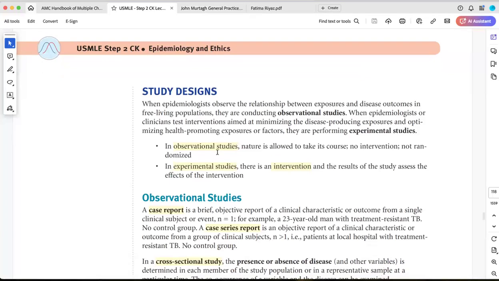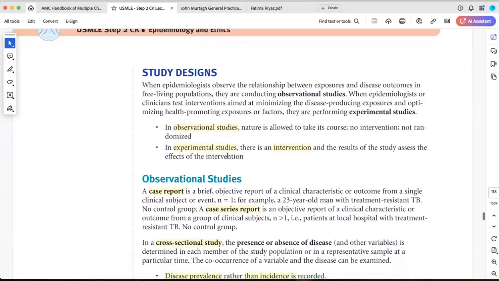Starting with some of the common study designs that we use in stat. Study designs are definitely important. We have observational and experimental studies. In observational studies, you just observe. You allow nature to take its own course. You don't do any intervention.